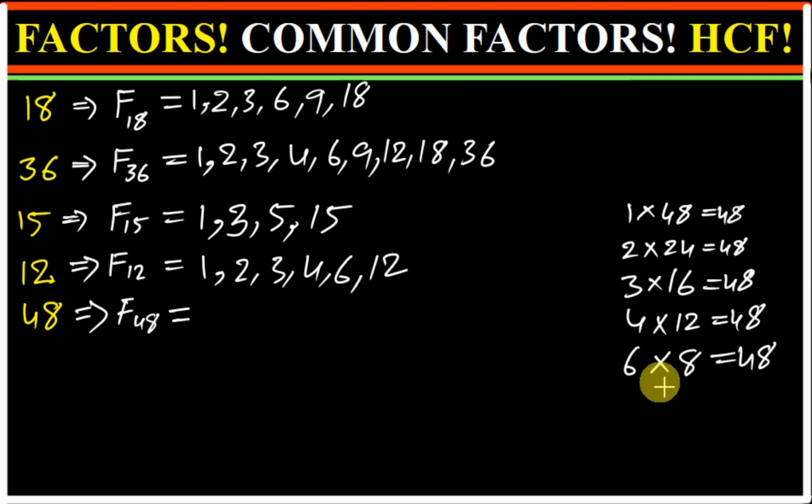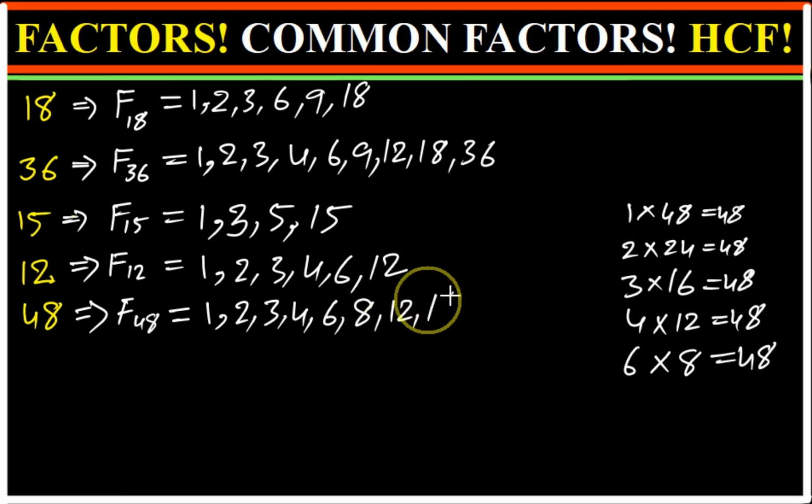So we stop checking other numbers and tables. The factors of 48 are 1, 2, 3, 4, 6, 8, 12, 16, 24, 48. These are the factors of 48.